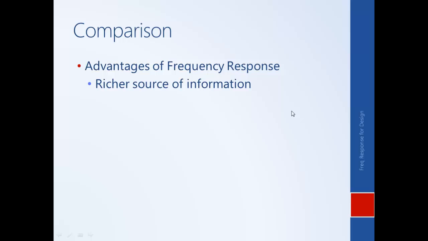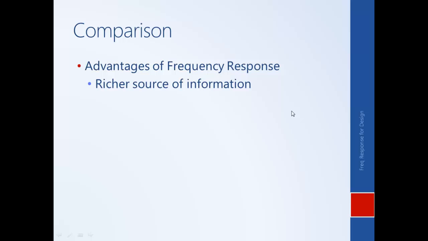So it captures the system's response to inputs of a whole range of frequencies, all the way from a steady state input to very fast changing inputs, whereas a step response explicitly shows the response only to a single input, though it does give some indication of how it might respond to other inputs.